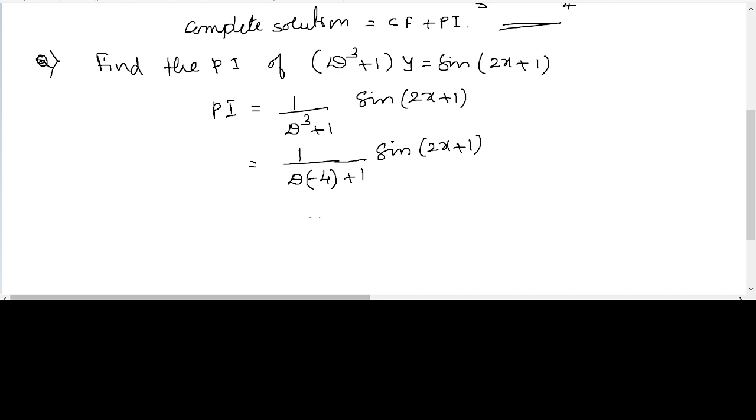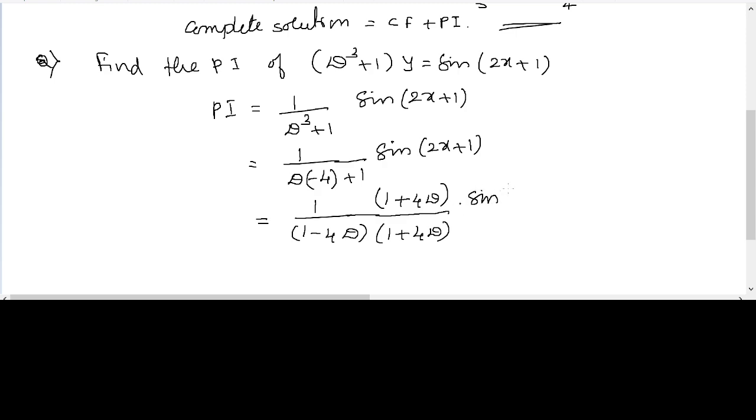By simplification we write it as 1 by (1 minus 4D). Now here we don't have D square to replace, so for that reason we need to multiply and divide by the conjugate of 1 minus 4D, that is 1 plus 4D. You multiply in the numerator and divide by the same term in the denominator.